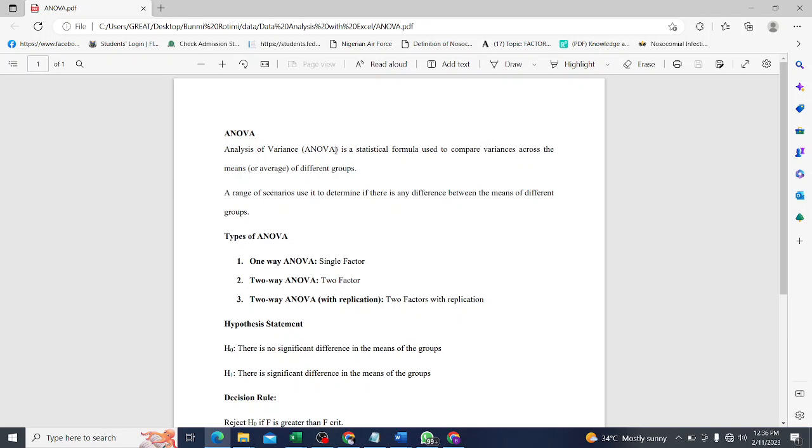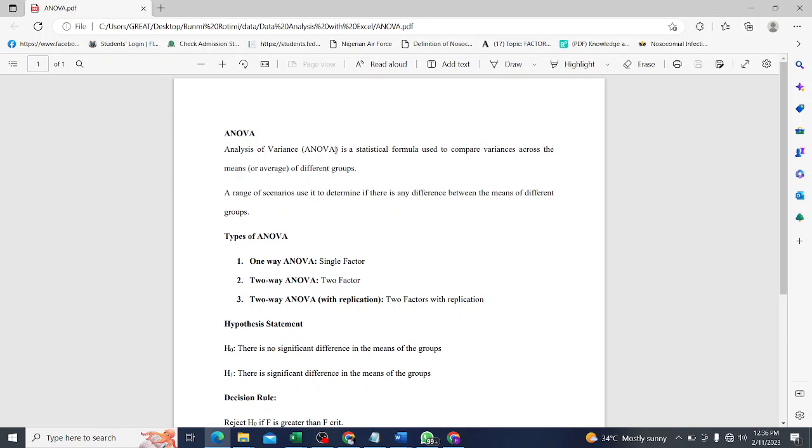When we are having just two groups, it's always preferable to use the t-test. But when the groups are more than two, since we have three, four, and the likes, then analysis of variance is appropriate. And there are types of ANOVA that we have.